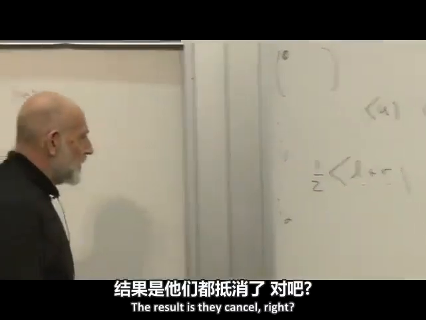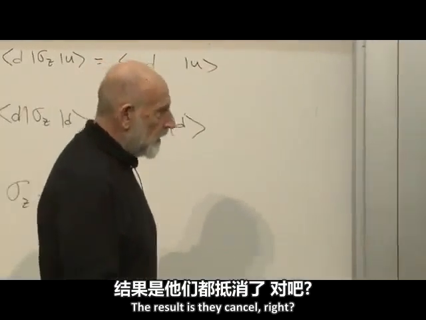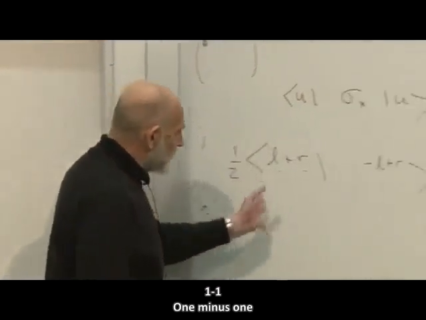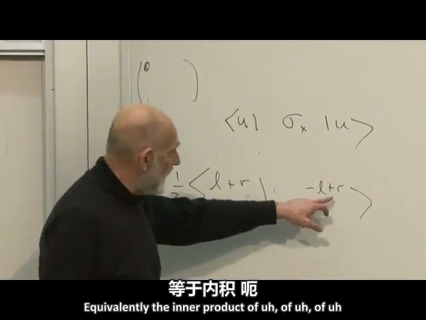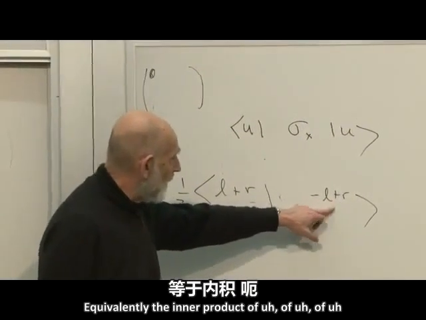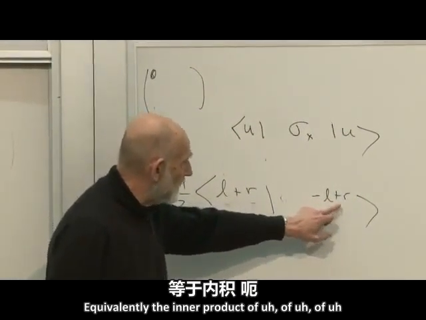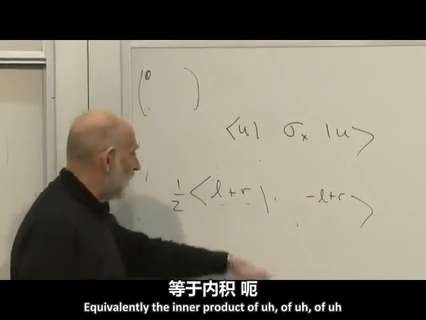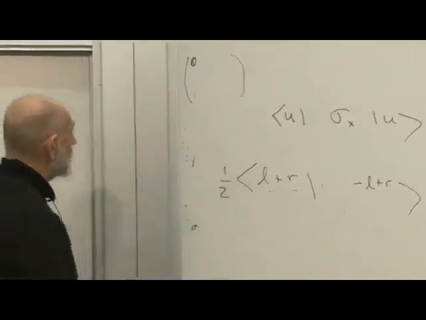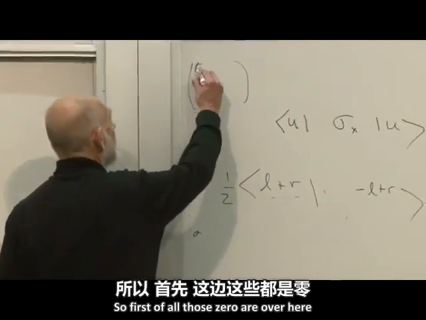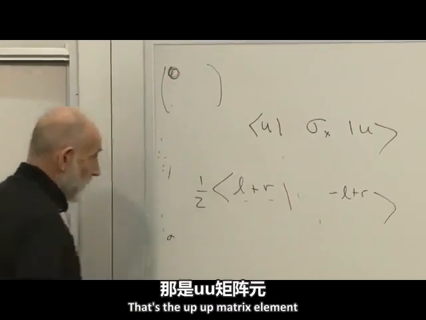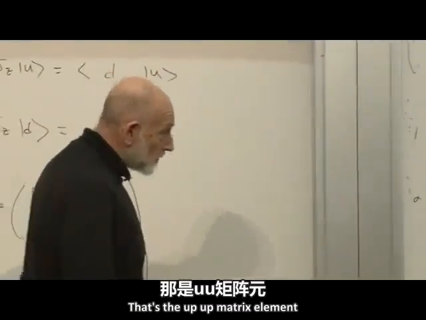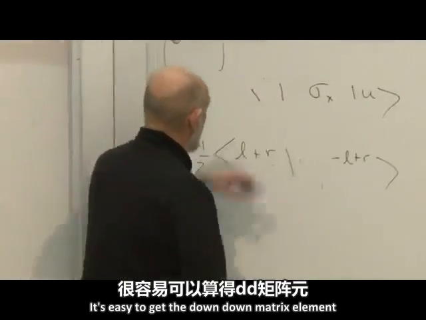The result is they cancel. All right? 1 minus 1, 0. So first of all, there's a 0 over here. That's the up matrix element. It's easy to get the down matrix element.